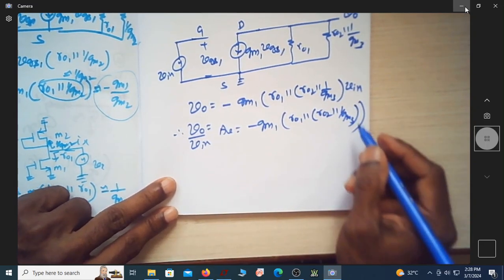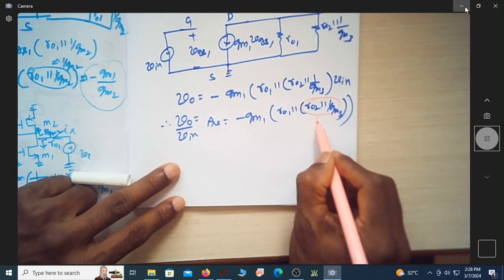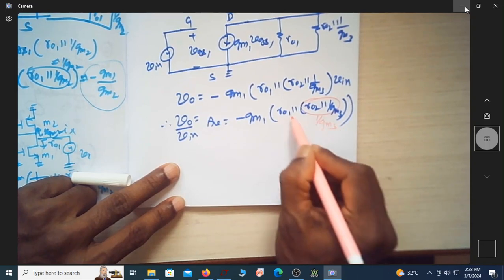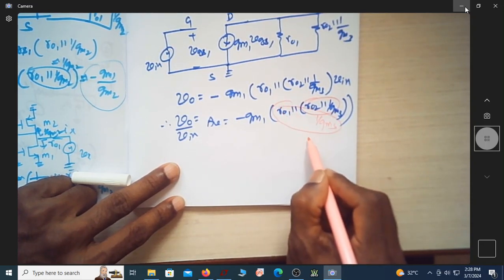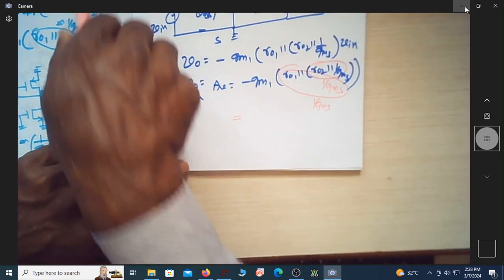If you want to approximate this, approximation of these two is 1 over Gm3. Again, approximation of these two is 1 over Gm3.